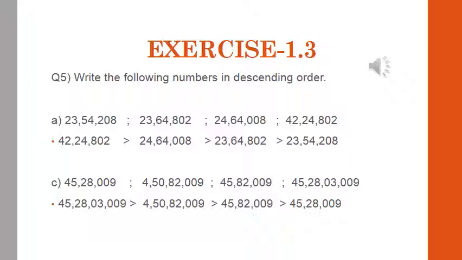In the thousand period you can see 28, and there it is 82. Which one is bigger? Obviously 82. So we'll take that number first, that means 45 lakh 82,009, and the last one will be 45 lakh 28,009. I hope you have understood how to write down the descending order and how to write down the sign as well. So the rest of the parts, please do on your own.